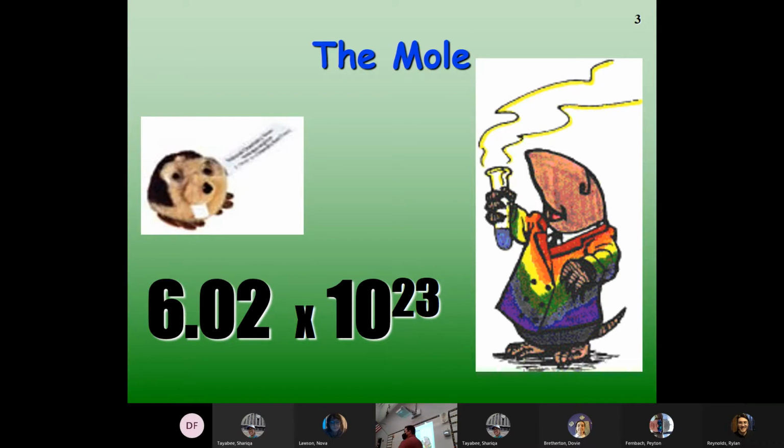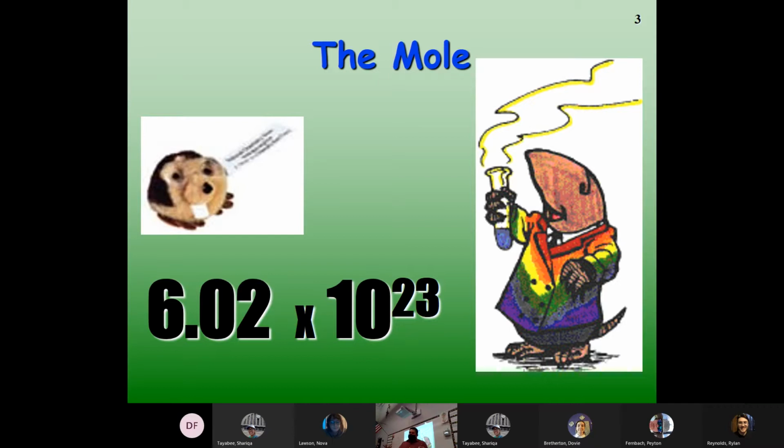Today we're going to talk about the chemistry one. And again, this is a human measurement of how chemical reactions occur. And the unit we're going to be using is the word mole. M-O-L-E, the mole. And yes, the mascot for the mole is a mole, hence these two little pictures here.